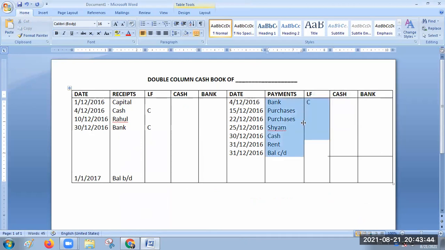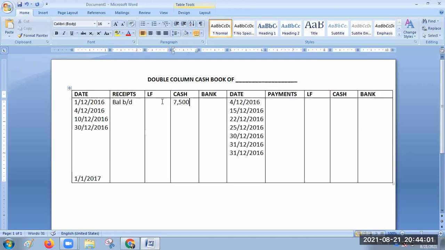Very good. Cash in hand means it is balance brought down. Okay. Yes, sir. So balance brought down. What is the amount? 7,500. Now you see, bank overdraft balance means you have to mention it on the credit side.